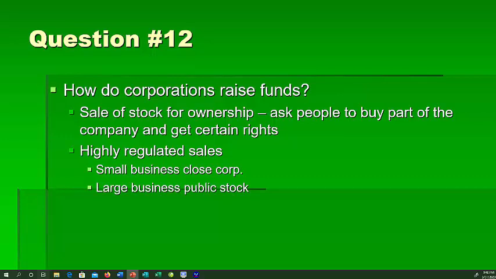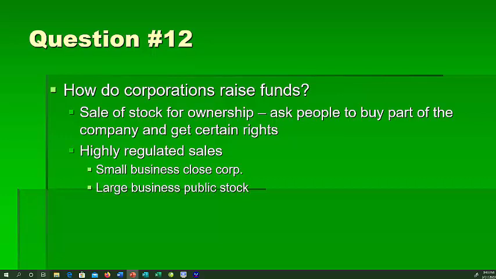The sale of the stock is highly regulated. And that goes for both small businesses and for large businesses. If it's traded publicly, then the Securities and Exchange Commission controls, and there's all sorts of rules and regulations that go along with that. And to qualify, there's all sorts of special rules that need to be followed for that.